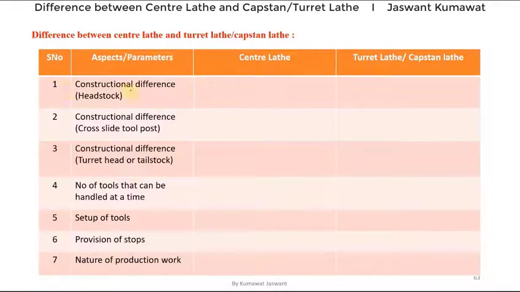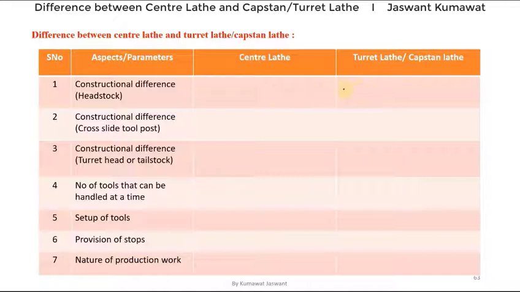So first is the constructional difference based on headstock. Both the center lathe and turret lathe have a similar headstock in construction, but the headstock of the center lathe is very simple. The headstock of the turret lathe or capstan lathe has a wider range of speeds and is heavier in construction.